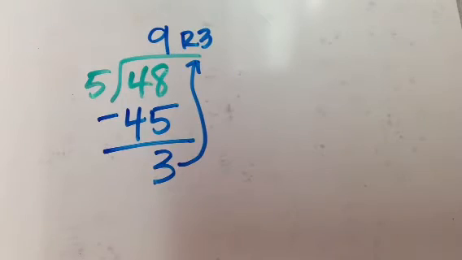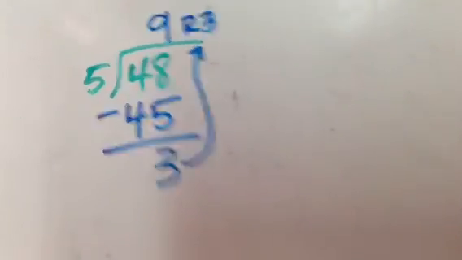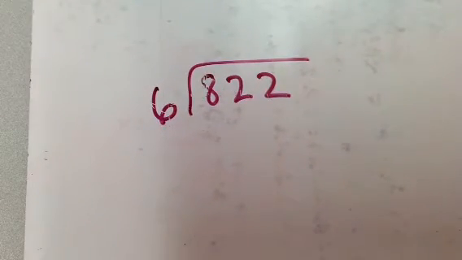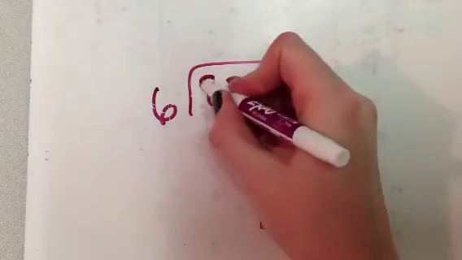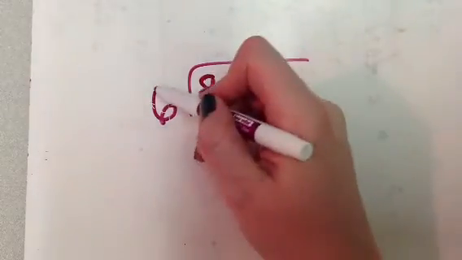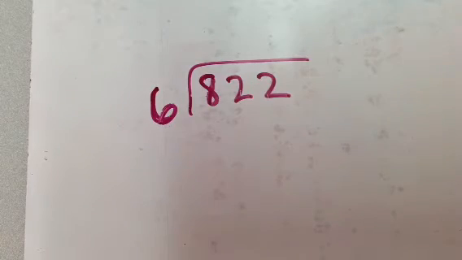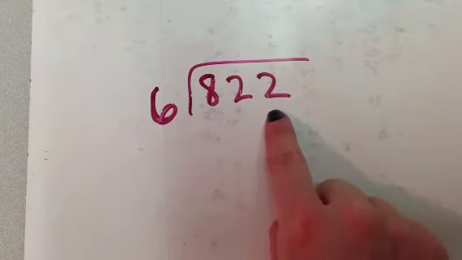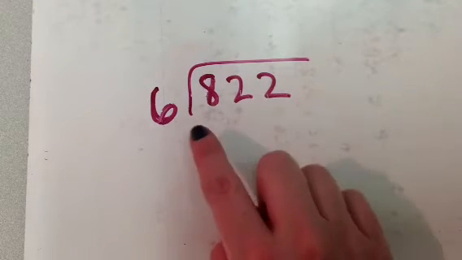Let's again look at another more complex problem. Now I'm going to divide 6 into 822. Okay, so this is going to be a little bit more complex because I don't know how many times it goes in completely, right?